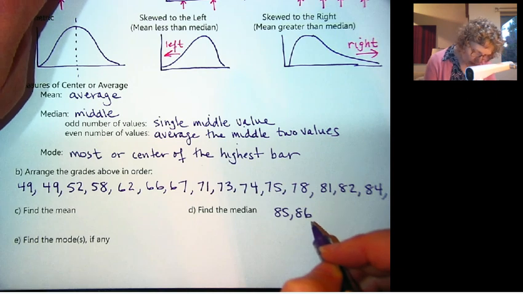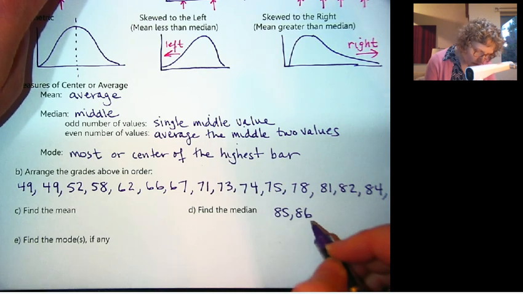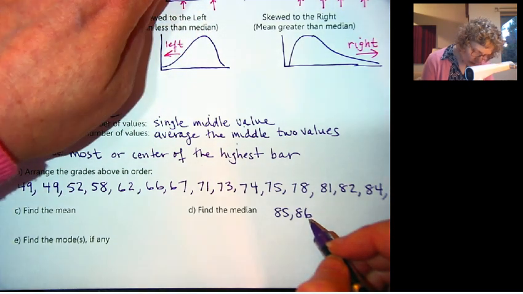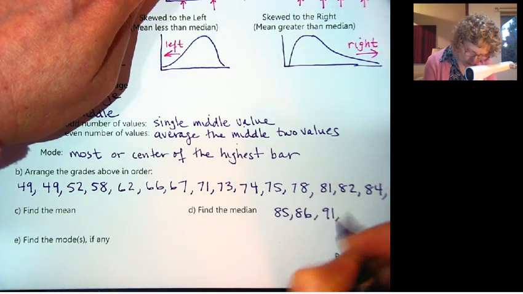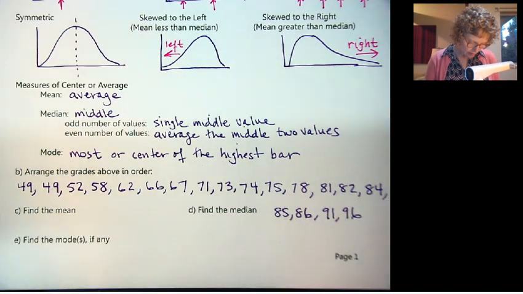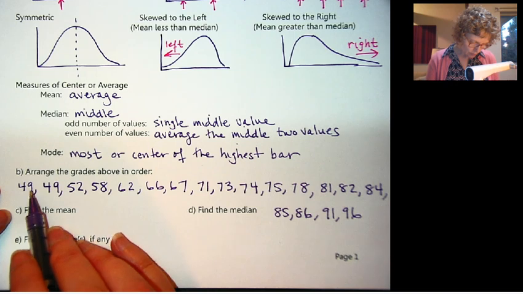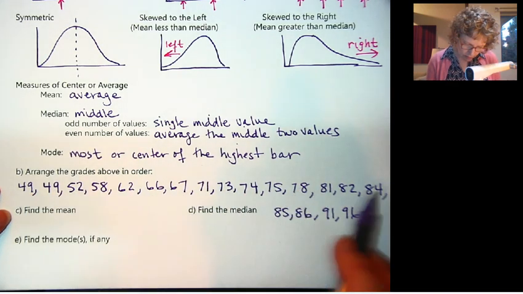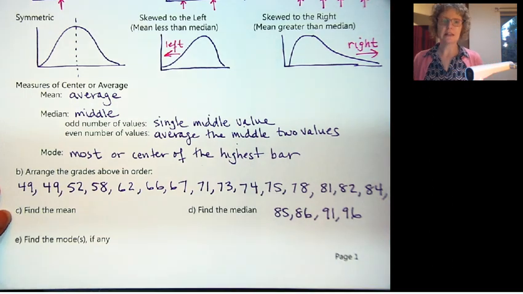And 2 90s. 1, 2, 3, 4, 5, yep. 2 90s. 91 and 96. Okay, so we've got our numbers in order. Let me just count. I think there should be 19 of them. 1, 2. Okay, yes, we got 19.